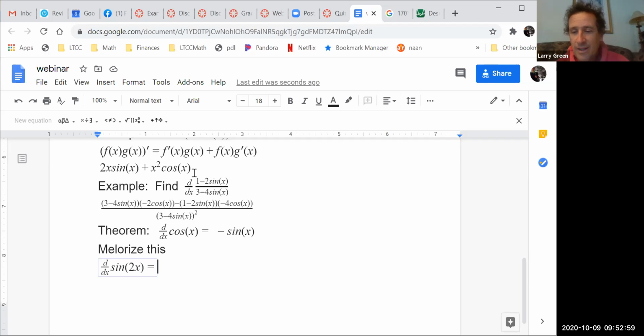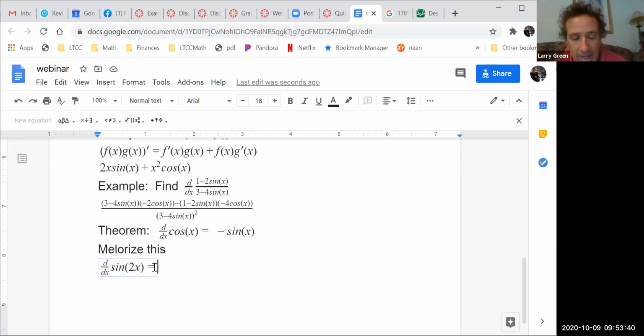Can you just pull the 2 out? Definitely not. Anyone know what we can do? The hint is I showed you before your quiz. We can use the trig identity called the double angle formula. Forget calculus, the sine of 2x is 2 times the sine of x times the cosine of x.